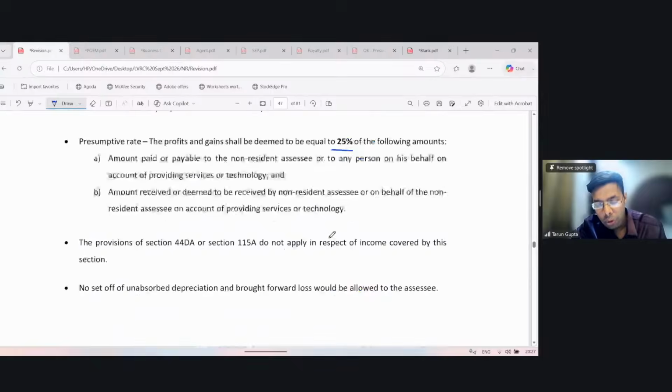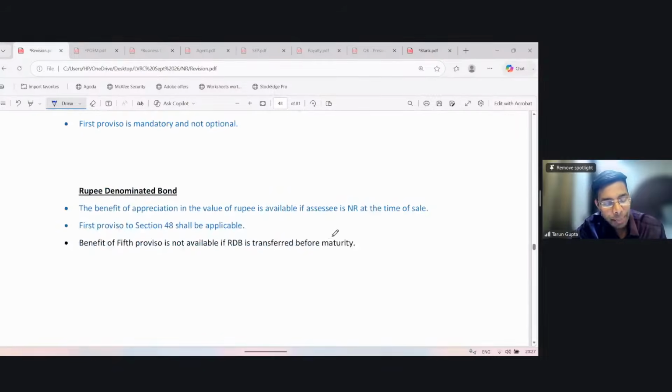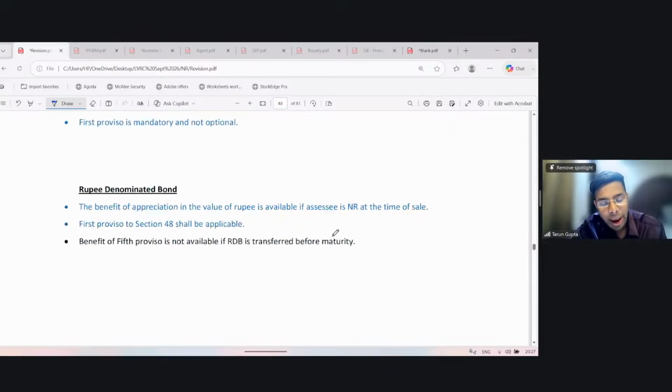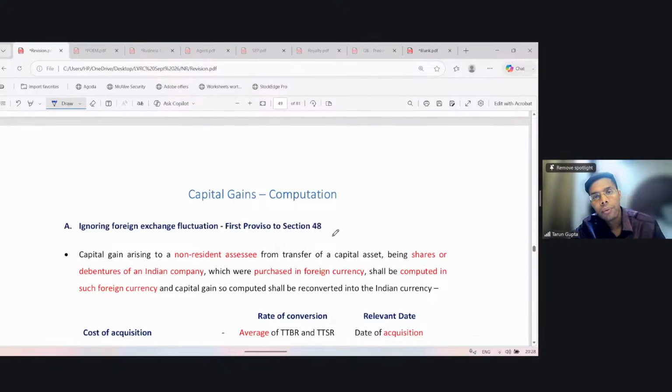Now we are moving to relevant provisions of capital gain applicable in case of non-resident. Okay. So the first such provision is the first proviso to section 48. What does it say? Capital gain arising to a non-resident assessee from transfer of capital asset being shares or debenture of an Indian company.